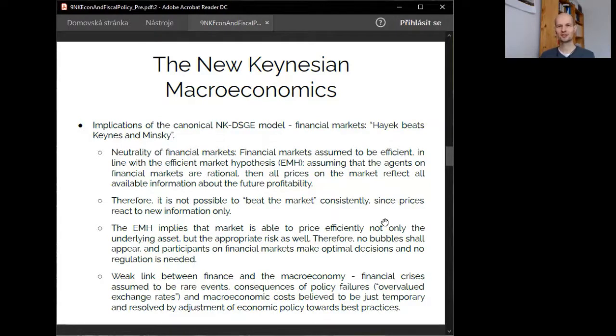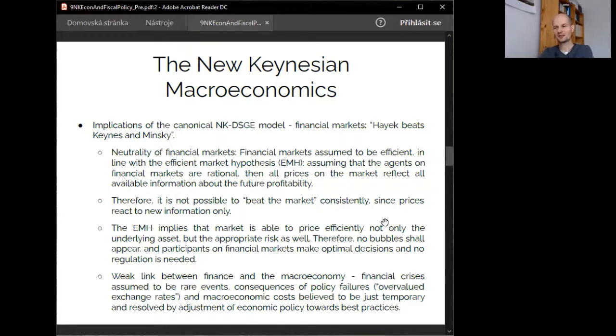I already stated that one of the building blocks of the new Keynesian macroeconomics is that financial markets are supposed to be efficient. This efficiency is represented by the so-called efficient market hypothesis by Eugene Fama.